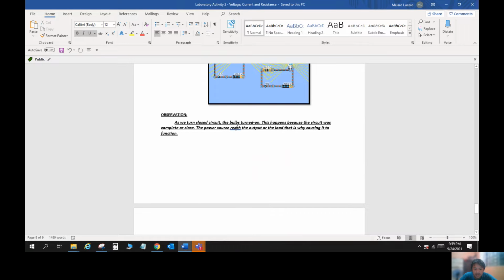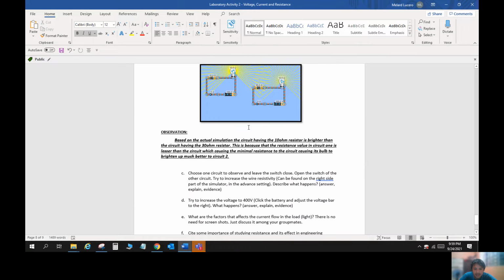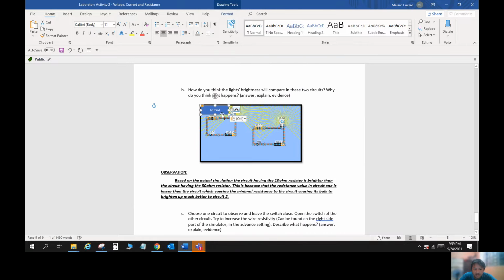Parang mali tayo dito. So, ito si circuit 1, ito naman si circuit 2.